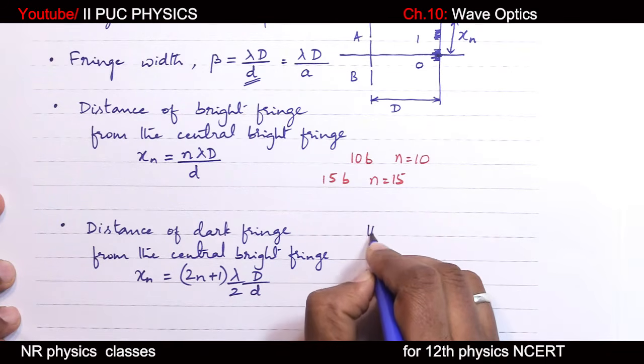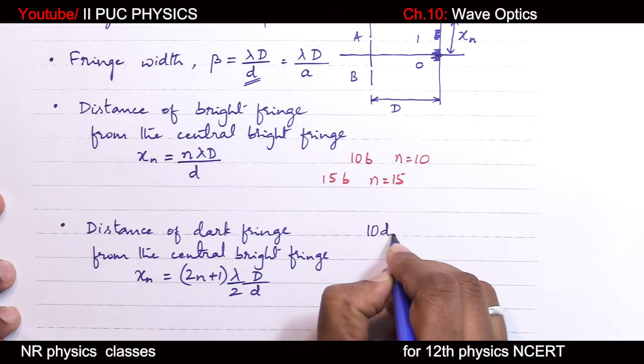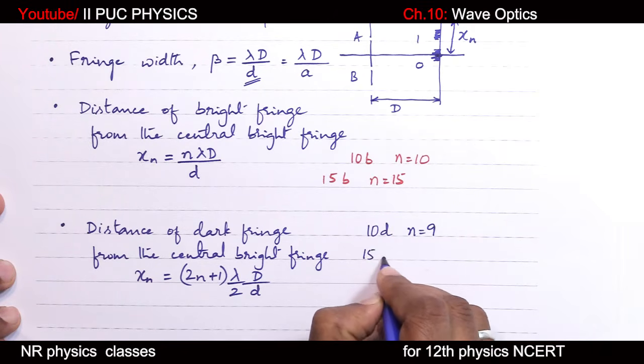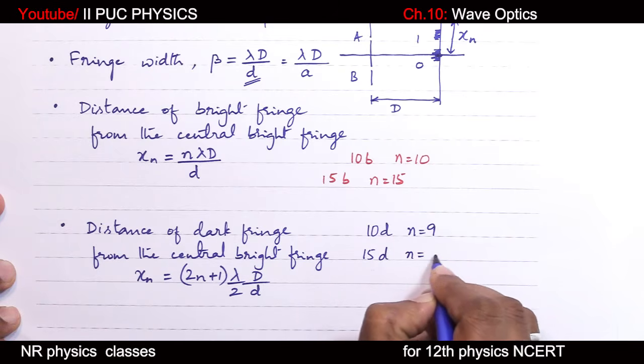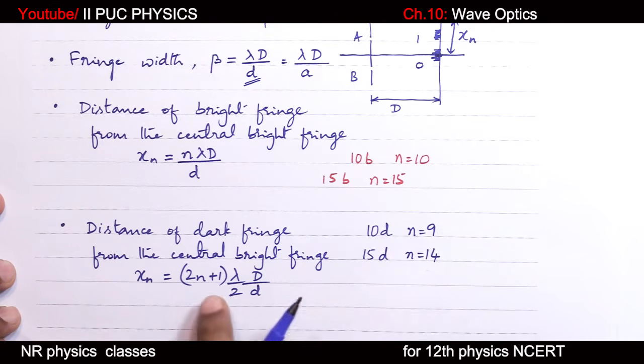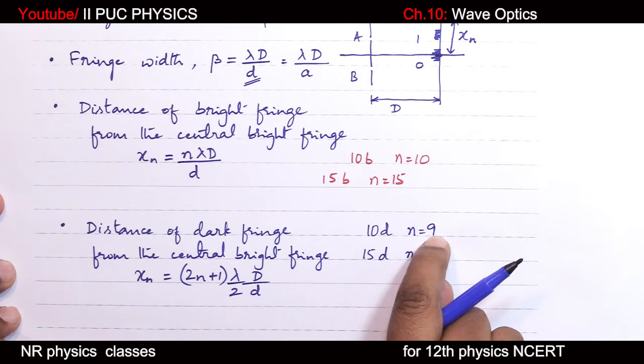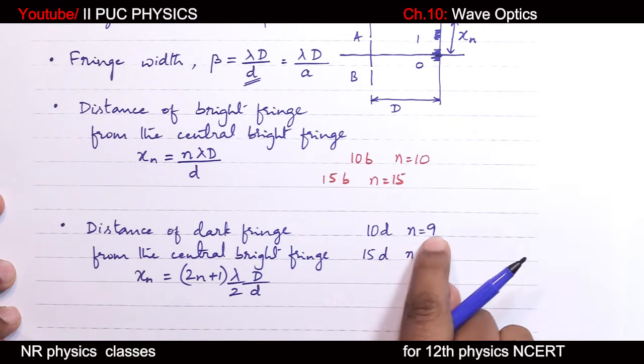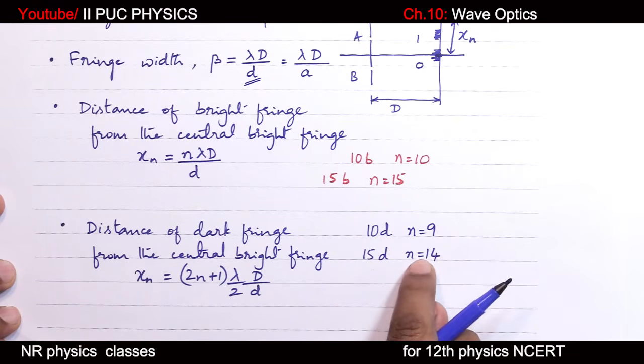For 10th dark fringe, n should be equal to 9. For 15th dark, you should take n equal to 14. Make sure that this is less by 1 than this. 10th dark means n is 9, 15th dark means n is 14.